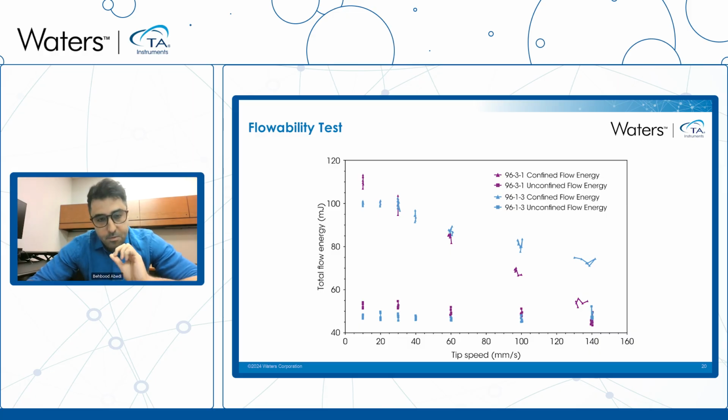But if you look at these results, these square ones with our unconfined flow energy, you see here for 9631, it starts above 9613, but over time it goes below it. For 9613, you have kind of constant values, but for 9631, it starts from higher, then goes to lower. So yes, we have shear thinning for unconfined flow energies too, but it's less tangible. But we have it, especially when the powder is cohesive.